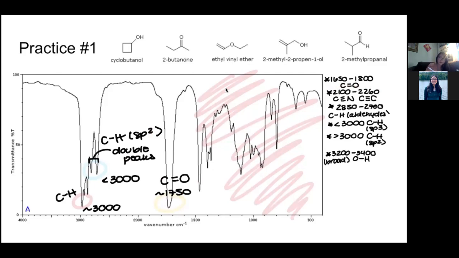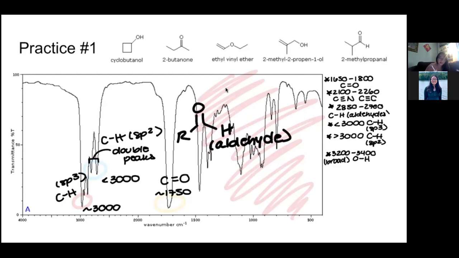Maybe we have something that looks like this. Aldehyde. We also have a bunch of C-H's. Since we already have sp2, we can probably say maybe these are sp3, but let's go ahead and look.